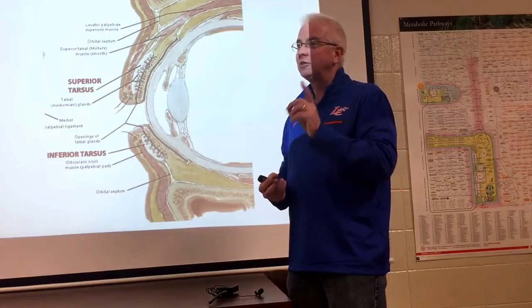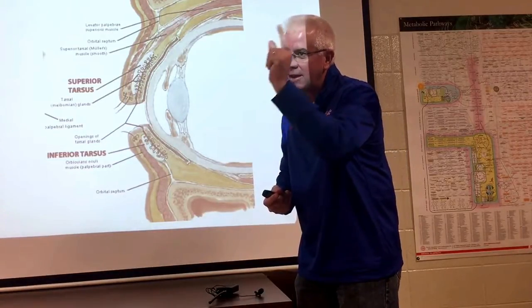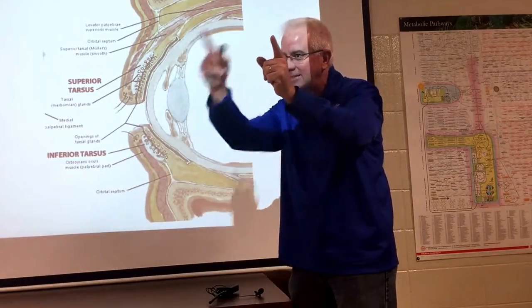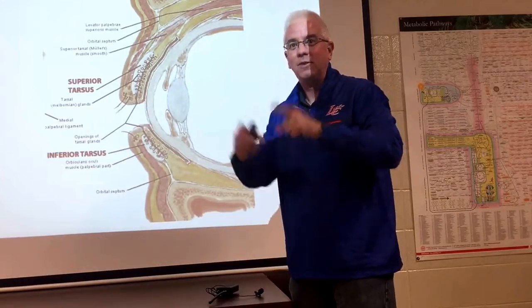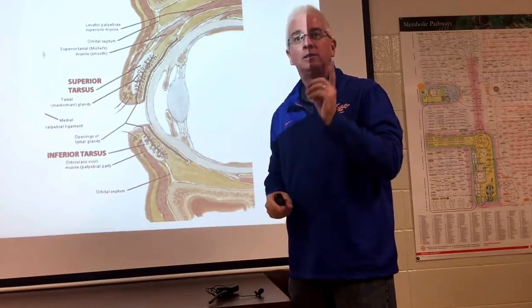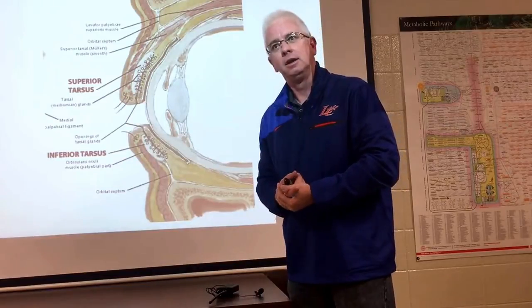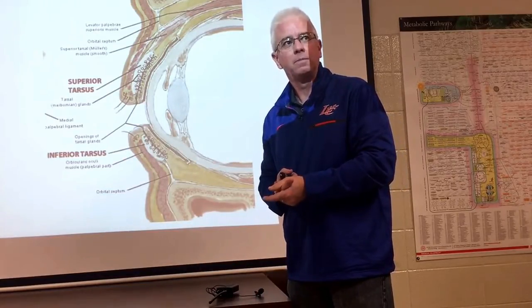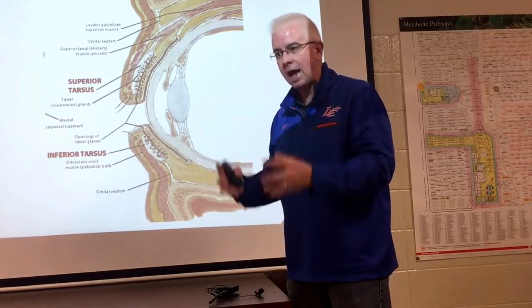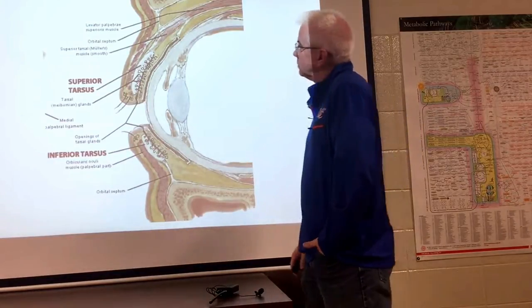So I can also very quickly pick this up looking at the person's eye if that pupil is not the same size as that one. So if I see a droopy eyelid and a difference in the size of the pupil, I know this is a sympathetic issue and not an oculomotor issue. You see how anatomy can run these things out for you? Very quickly, if you know the anatomy, you can come up with explanations for things quickly.